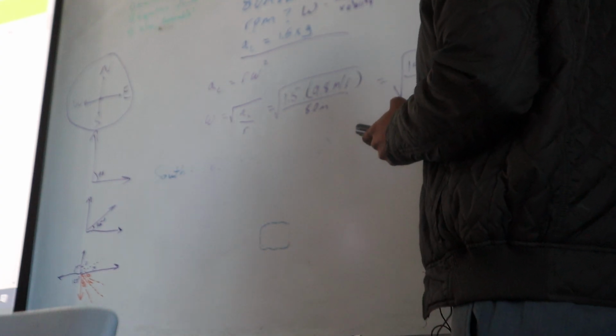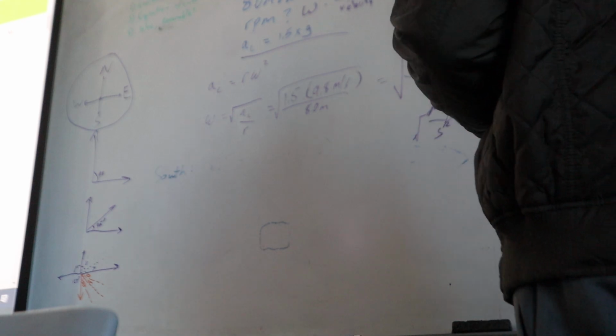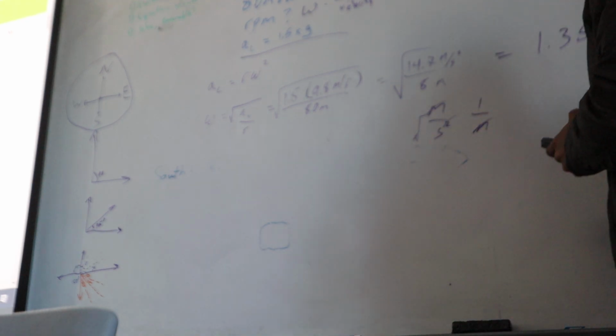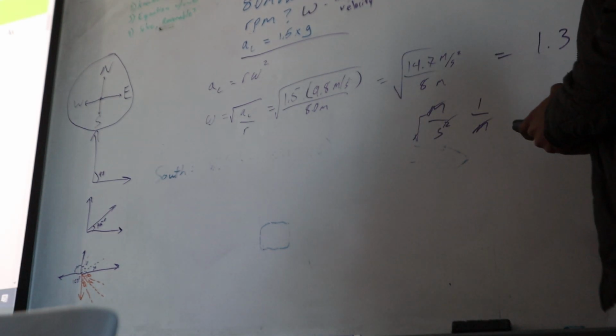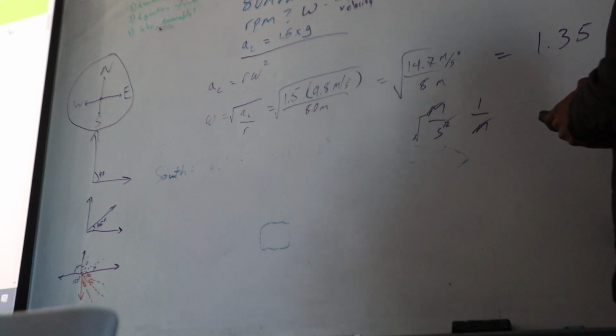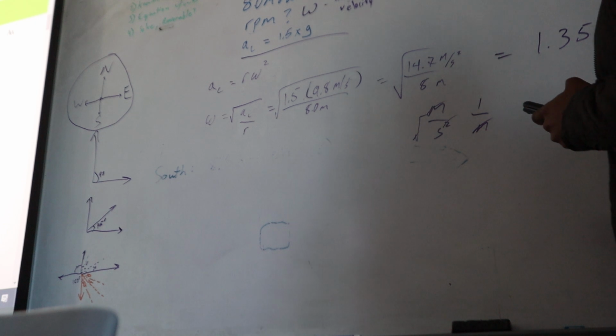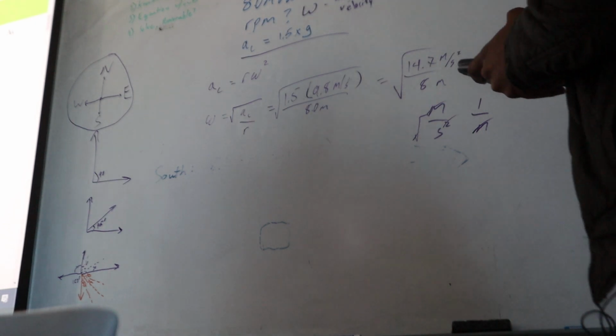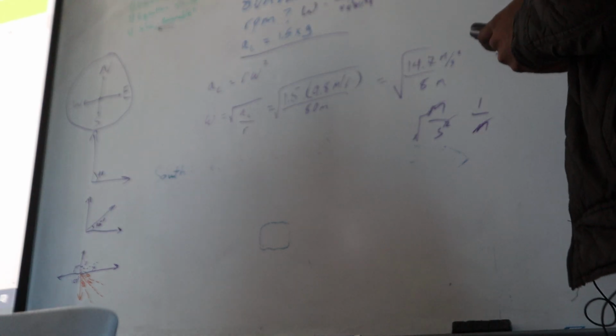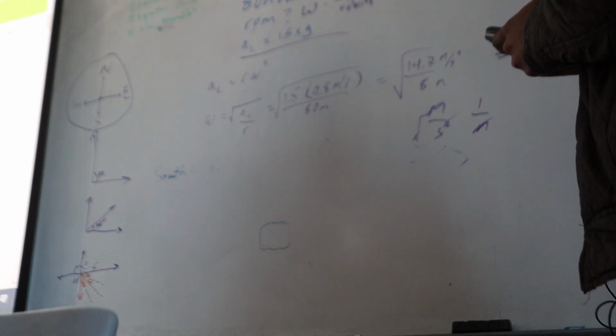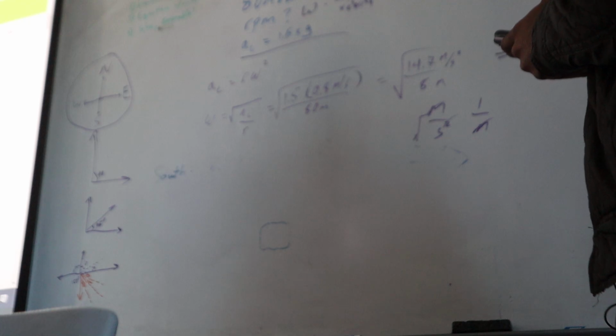So then it's like, okay, 1/s. Why is it 1/s? Well, that's gonna be your revolutions per second. Velocity.